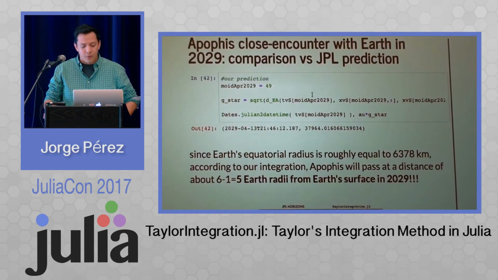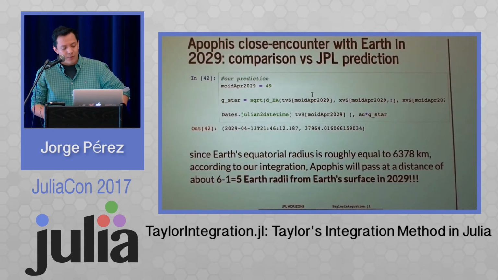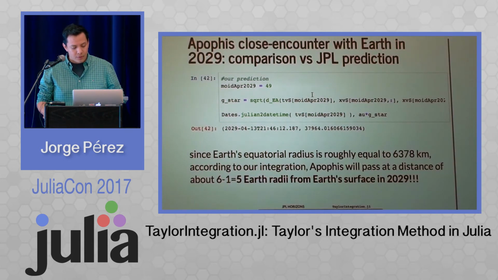Okay, now we compared our integrations versus the NASA JPL predictions. We were able to reproduce the prediction from JPL up to very little variations.